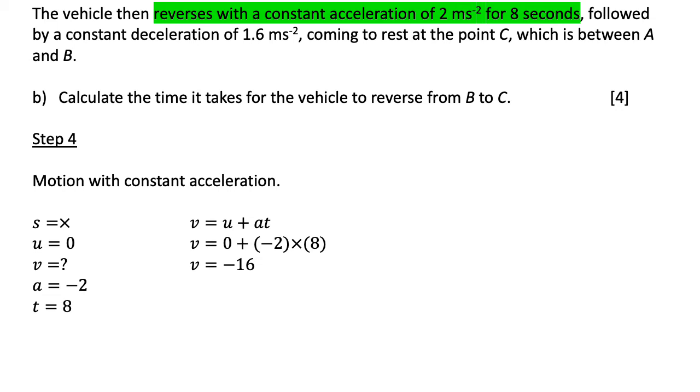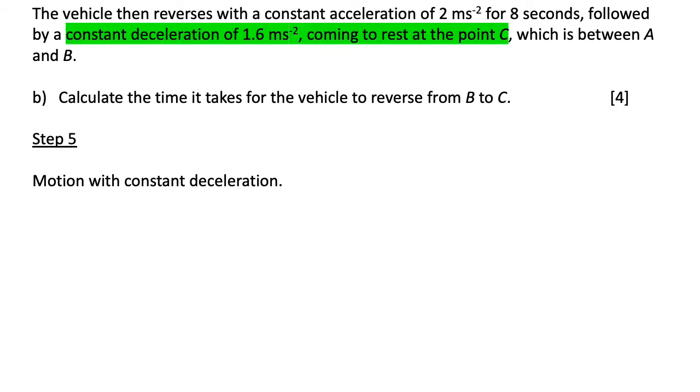Now, there's another phase to this motion, so step 5 now. Then, after that point, it undergoes a constant deceleration of 1.6 meters per second squared, coming to rest. Well, that makes sense. It's reversing at 16 meters per second, then it starts to slow down to rest. Okay, this is constant deceleration, so again, I can use SUVAT if I'm careful.